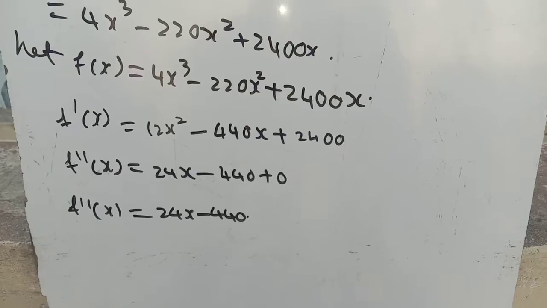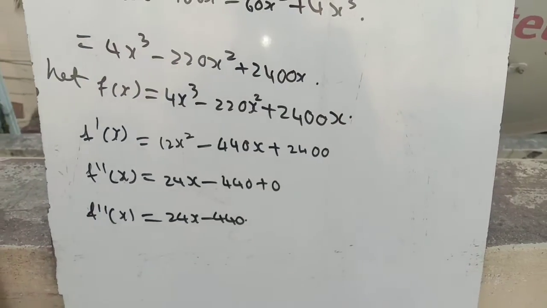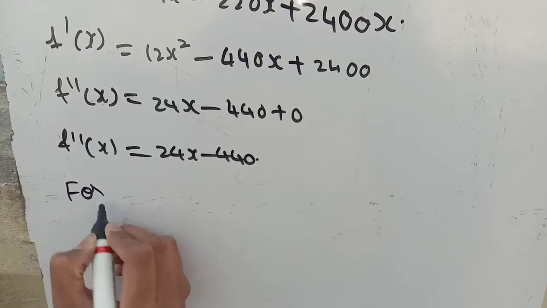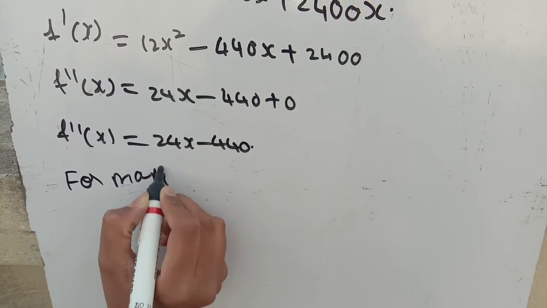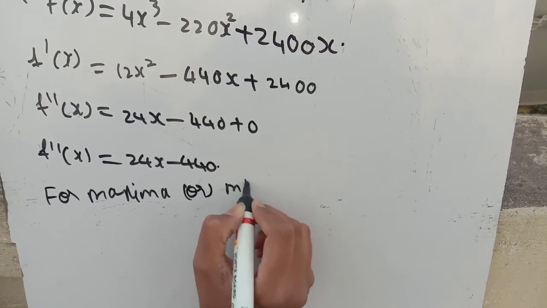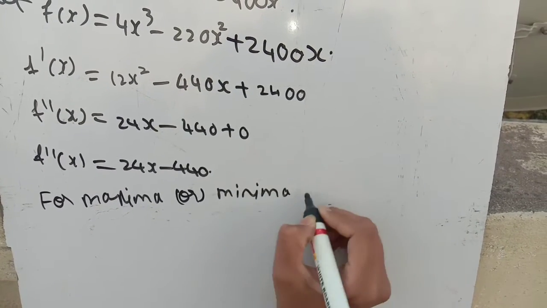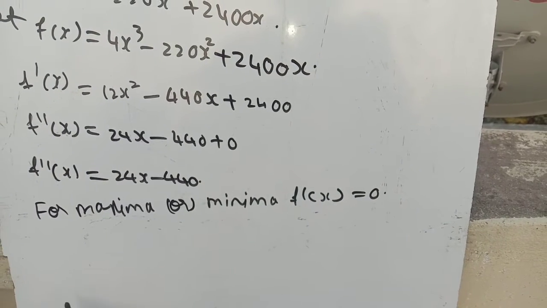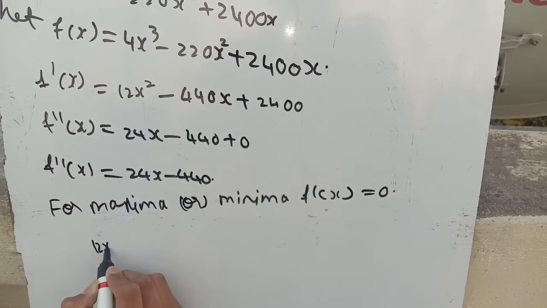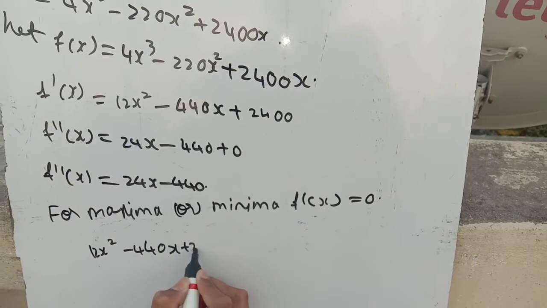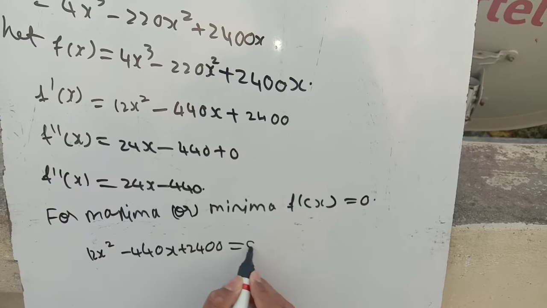That's it. So in order to get the value of x, for maxima or minima, f dash of x should be equated to 0. What is f dash of x? 12x square minus 440x plus 2400 must be equated to 0.